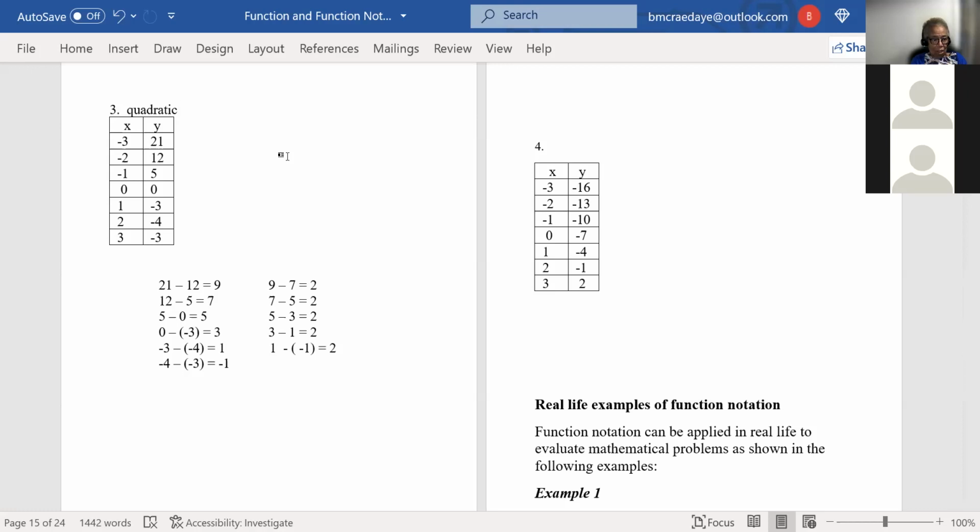And we can see, once you see these differences are not the same, then you know it can't be linear. Once you got a 9, you got a 9 here. If you don't get a 9 next, then you could just really stop. But you don't want to stop because you will have to get your second differences. So you keep going so you can do your second difference. Got it?